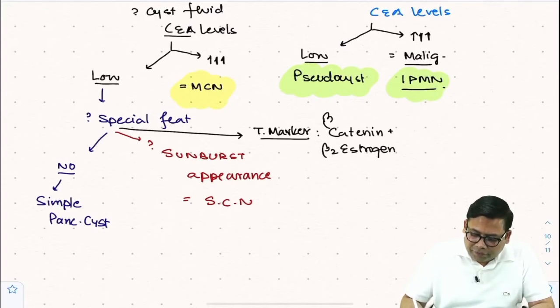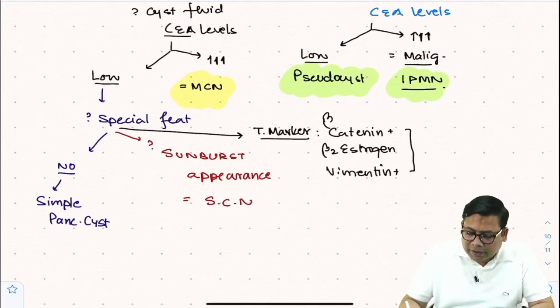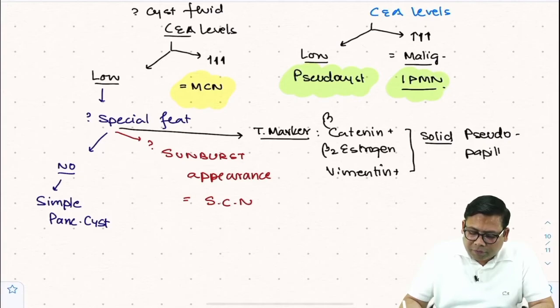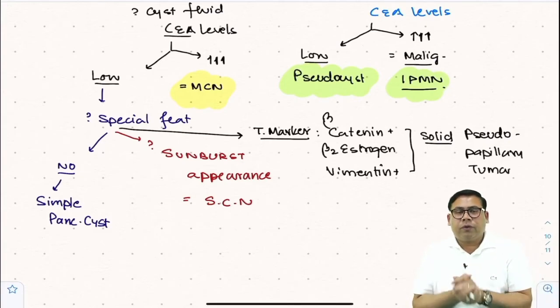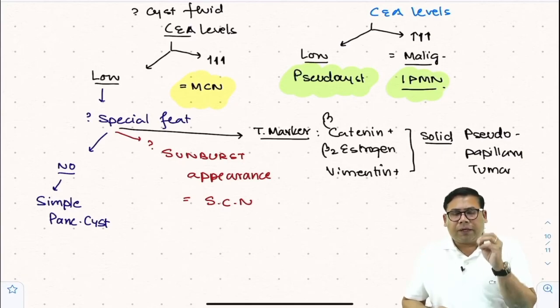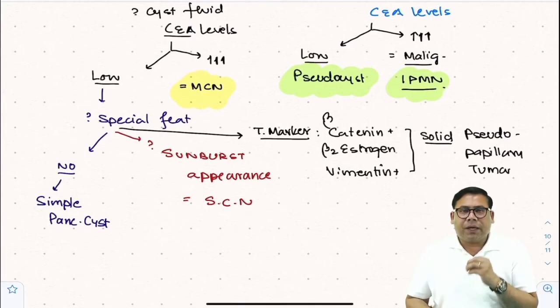We also have vimentin as positive, and this is seen in case of solid pseudopapillary tumor. This is what is very important, and this is how you are going to evaluate the patient of pancreatic cyst versus a pancreatic pseudocyst.